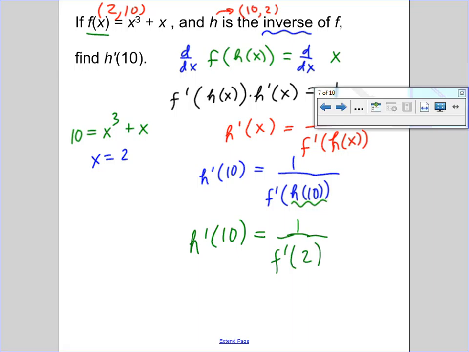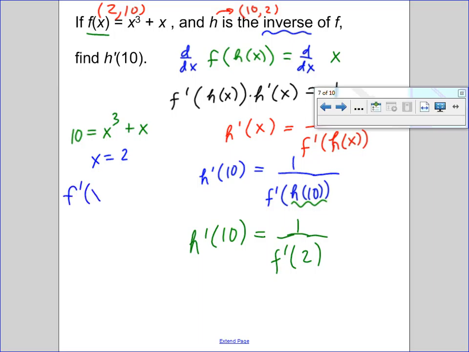Gosh, we're so close I can almost taste it. Can we evaluate f prime of 2? Well, we weren't given f prime, we were given f, but we've got some differentiation tools, don't we? So if f is x cubed plus x, what is an expression for f prime? Kyle? 3x squared plus 1.